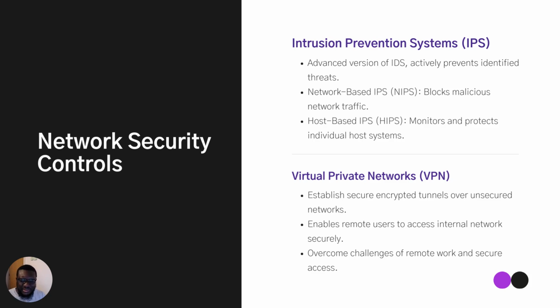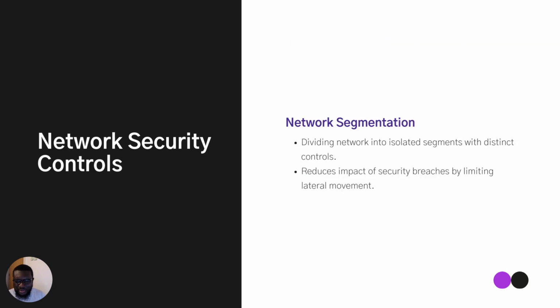It establishes secure encrypted tunnels over untrusted networks, and it allows remote users to work remotely but still access internal resources as if they were inside the network. This has become more prevalent in the era of remote working and collaboration.